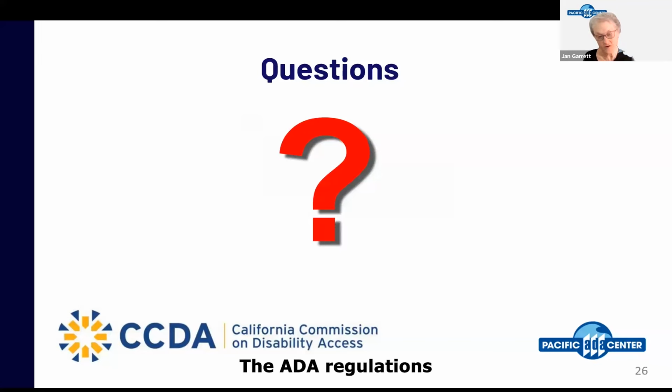The ADA regulations that the Department of Justice enforces changed. And that basically said now a service animal is only a dog, and you may have to allow a miniature horse when it can fit in the area, when it's appropriate, and if it's not a fundamental alteration for the area where the person is bringing it. So that's really the only animals that are allowed at this point under the ADA.